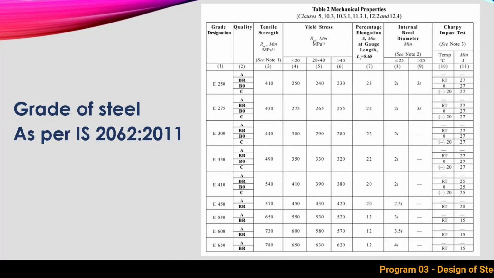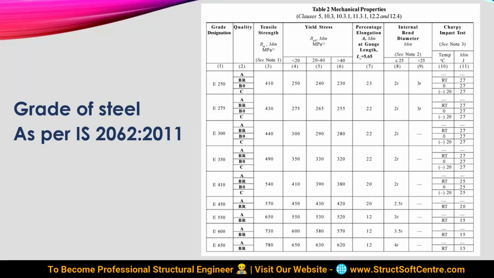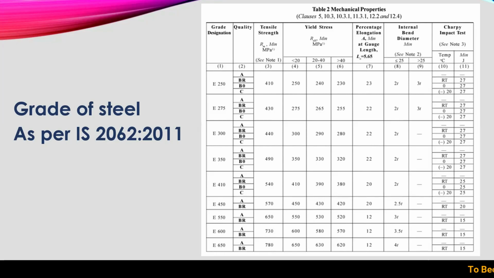These are all standard Indian sections. Generally, they are of mild steel. That is the reason the grade of those members is E250. But you might have seen the reinforcement bars which we use in our RCC structures. Those have grades like Fe 410, Fe 500, Fe 550. So these are some of the grades based on IS 2062.